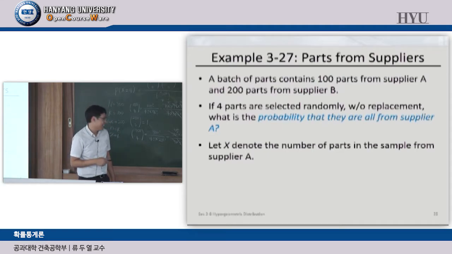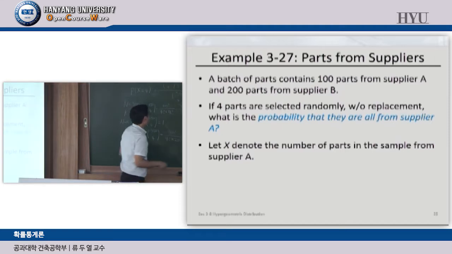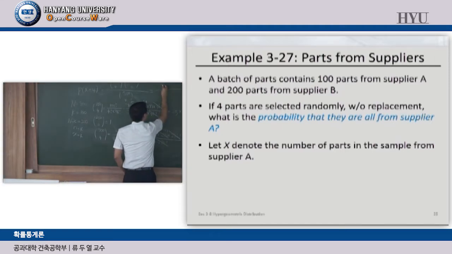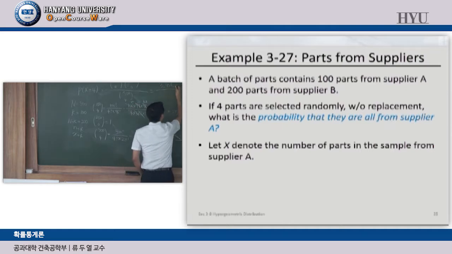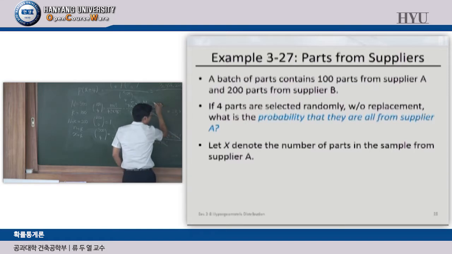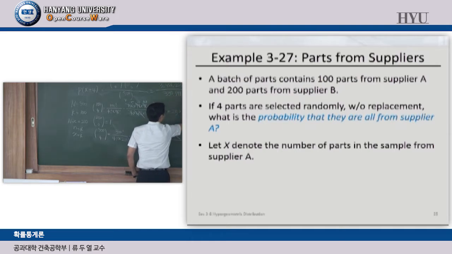That is too much, right? So this will be 3,921,225 multiplied by 1 divided by 330,791,175.